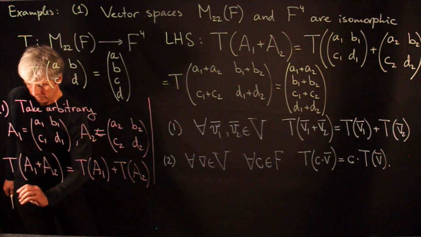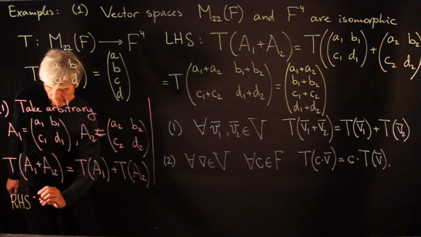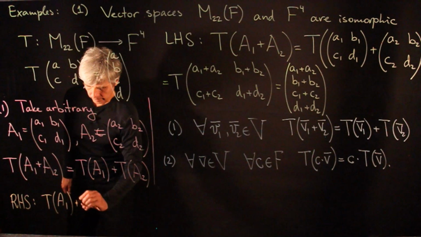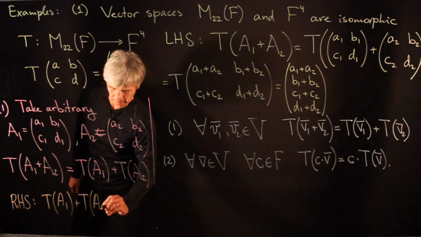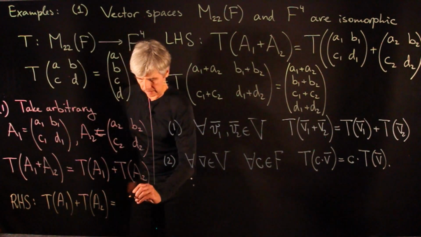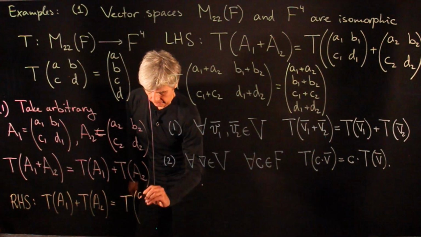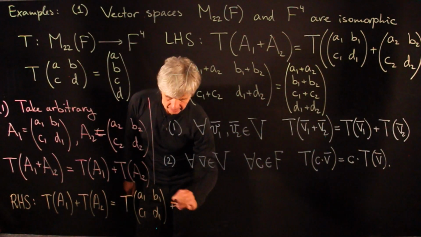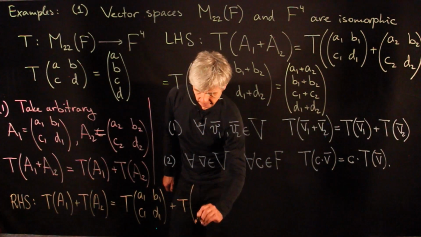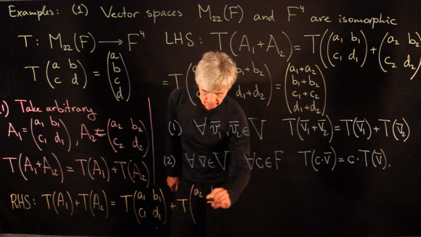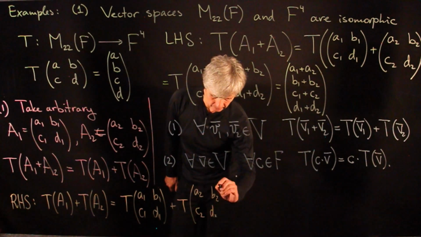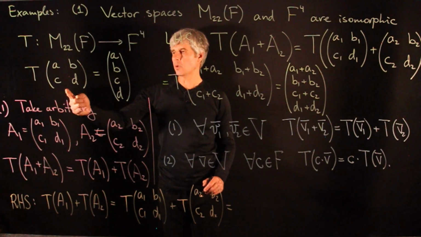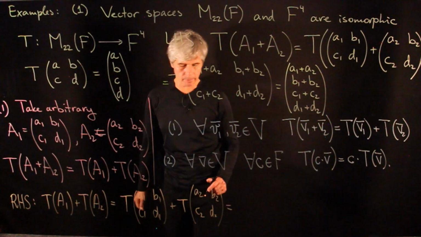Now let us look at the right-hand side. So in the right-hand side here we have T of A1 plus T of A2. So this is T of the matrix A1, B1, C1, D1 plus T of the matrix A2, B2, C2, D2. Now, our transformation transforms matrices into 4-component vectors.